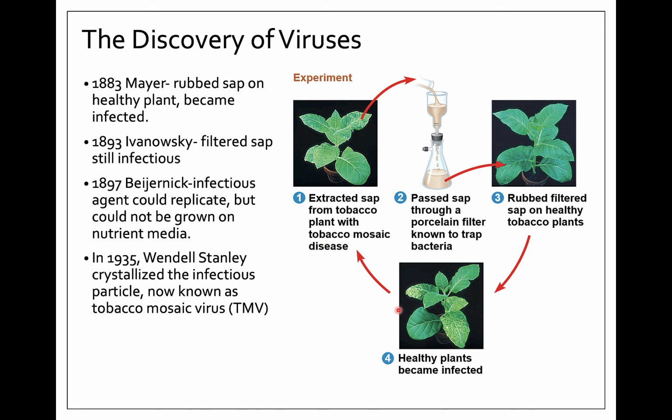They had to grow it inside of the host plant, which is weird because if it was a bacteria you would be able to grow it on a petri dish. And it wasn't until 1935 that, using an electron microscope, we were actually able to crystallize the virus particle and see it. So we now know this as the tobacco mosaic virus, and this was the first virus we were able to isolate.